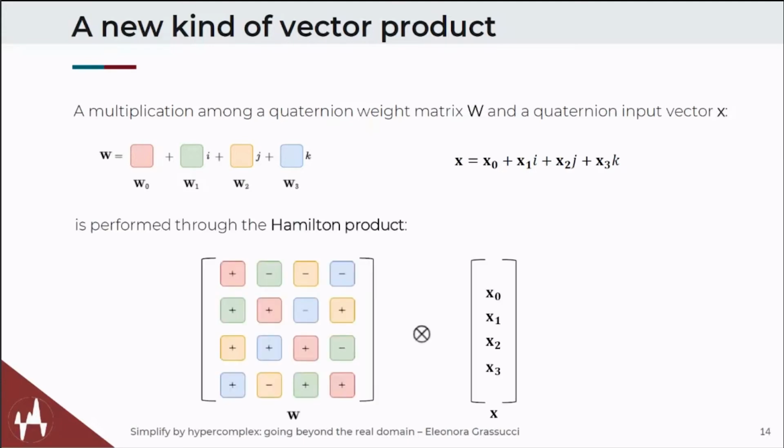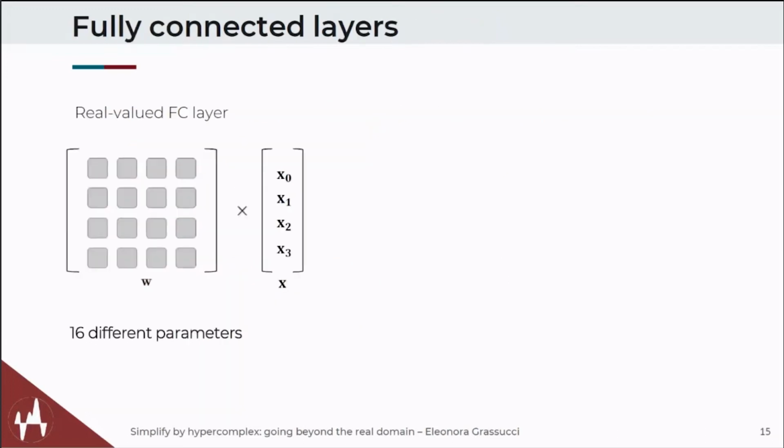The Hamilton product proposes to organize the real-valued coefficients of the first quaternion W, that basically could be a weight matrix for neural networks, in such a way that each coefficient of the weight is multiplied by each coefficient of the input. Let's go more in detail.